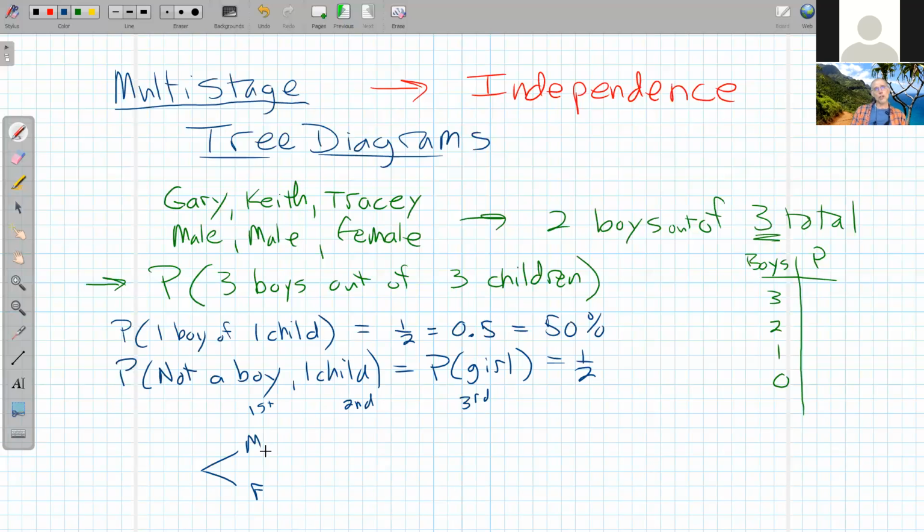Now, another thing I have to assume is that it doesn't matter, kind of like flipping a coin. If you get a head and then you flip again, it doesn't matter that the first one was a head. So we're going to assume this idea of independence, that if your first child is a boy, it doesn't affect the chance of having a second boy or girl child. That's another assumption I'm going to make here. I'm going to write that up top.